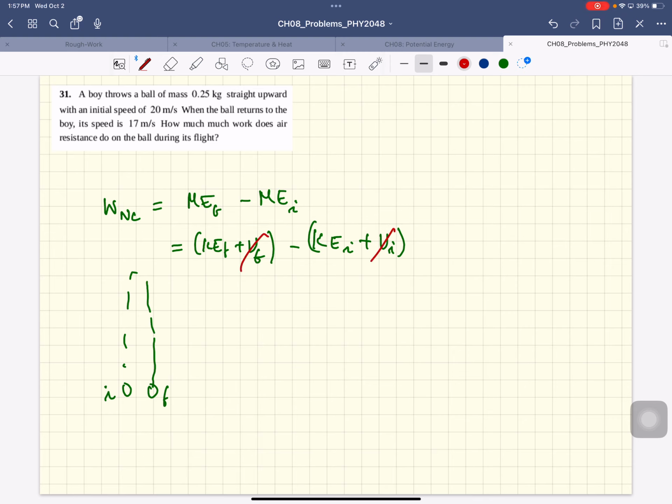Or you can take them to be zero at that reference level. What kind of work does drag force do? Positive or negative? Or zero? Negative. At the final location, it's slower. This is less than that. And the work done by the drag force is negative.